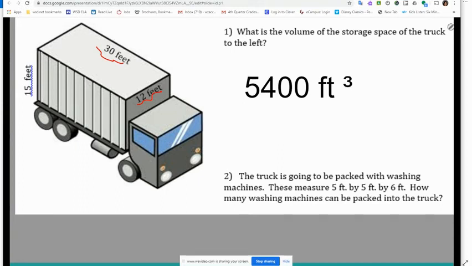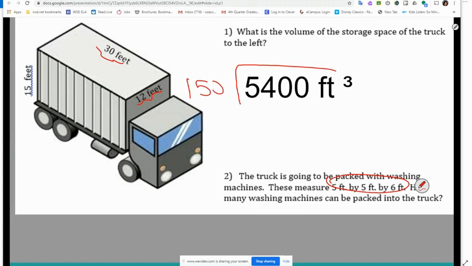truck. Now listen, then it says the truck is going to be packed with washing machines. These measure 5 feet by 5 feet by 6 feet, okay? So you want to multiply all three of these here to find out the volume of the washing machines. So if you multiplied those together, you would get 150 feet cubed.